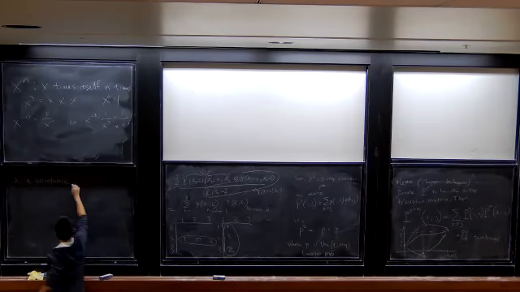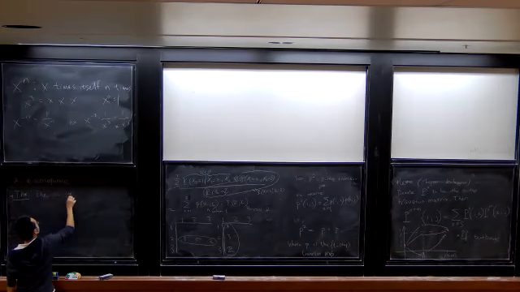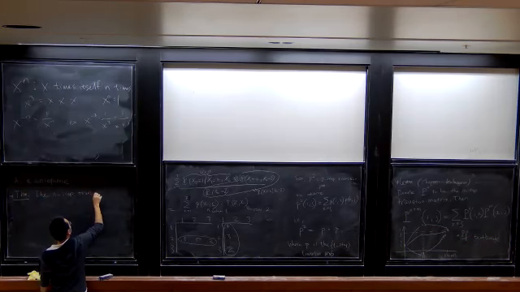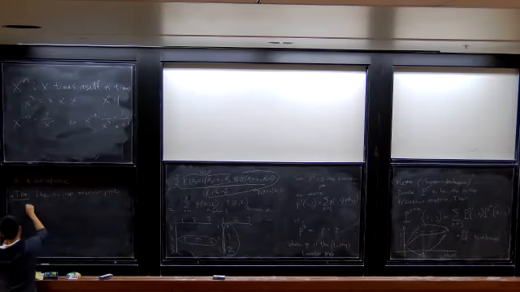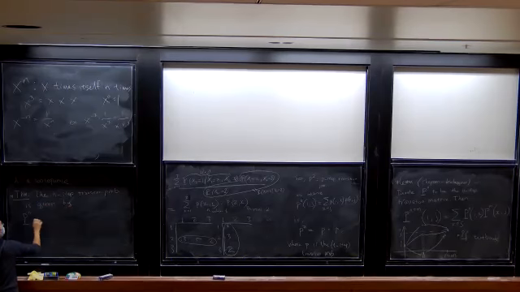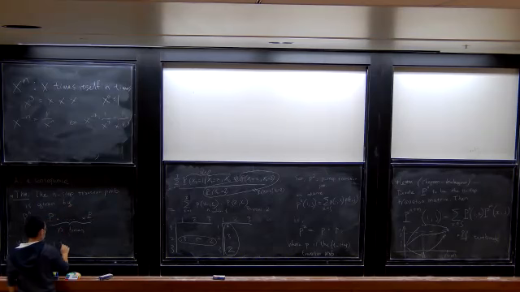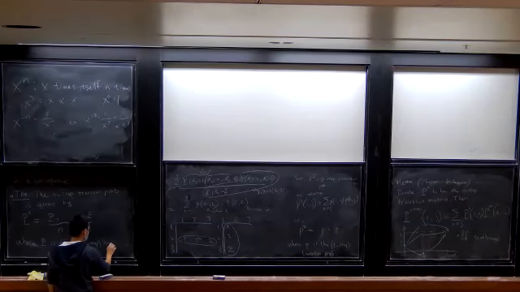So as a consequence, we have the following theorem, namely, the n-step transition probability is given by p^n, simply the original one multiplied n times, where the original p is the one-step transition matrix.